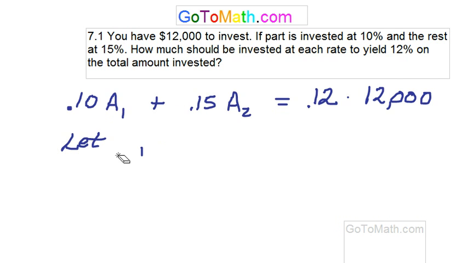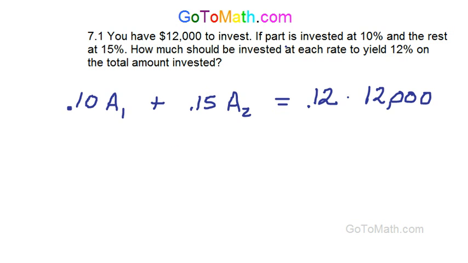Let me go back and read something here. How much should be invested? If part is invested at 10% and the rest at 15%, the rest. Okay, so in other words, A2 can be written in terms of A1.